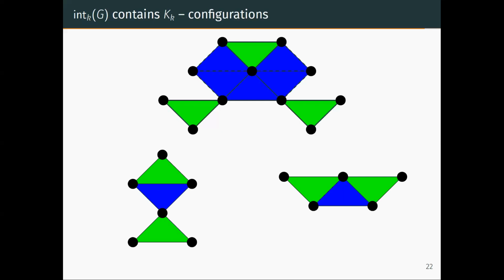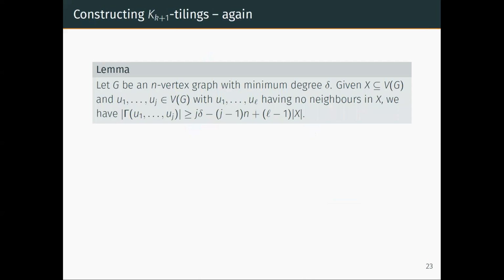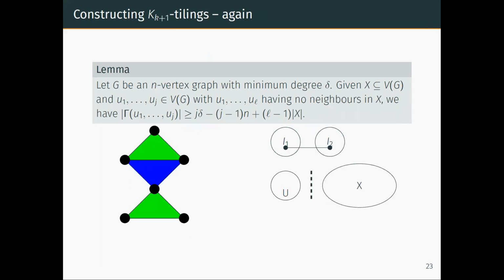The general idea here is we will start from an extremal graph like this, right? So we want to build a tiling from one component.